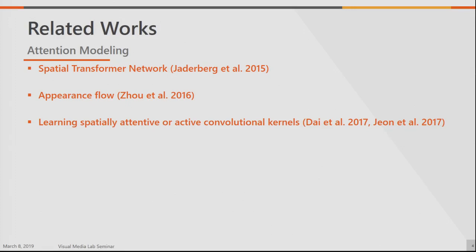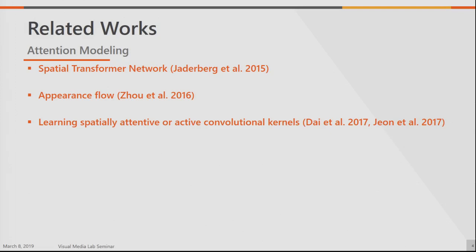In the past there have been other types of attention modeling used for other applications as well. One is the spatial transformer network that was used to help with object recognition. But the problem with this is that since it's used for object recognition, it looks at the global picture, but for inpainting you want to look at local features because you want to recover details.